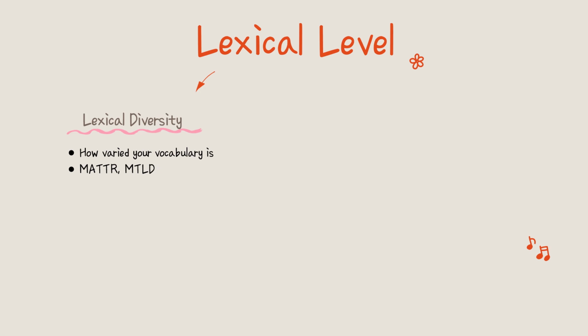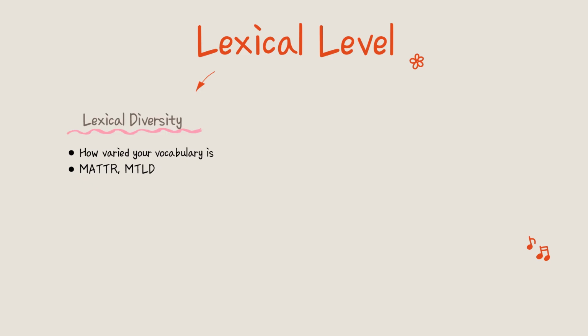Let's start with the lexical level, which focuses on the vocabulary used in your writing. One important aspect here is lexical diversity. In other words, how varied your vocabulary is. If you keep using the same basic words like good, good, and good, your writing lacks diversity.